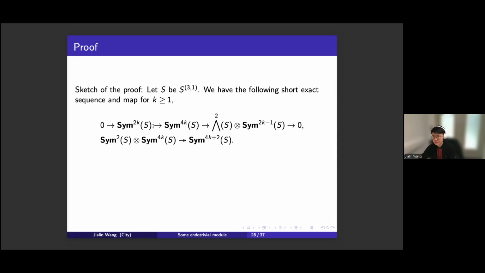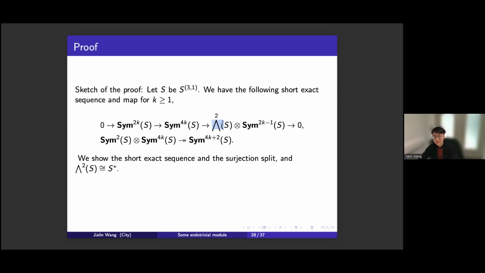There is a short exact sequence from the 2kth symmetric power to the 4kth symmetric power to the second exterior power of S times the (2k minus 1)th symmetric power of S. And there is also a surjection from the second symmetric power of S times the 4kth symmetric power of S to the (4k plus 2)th symmetric power of S. In fact, we show the first short exact sequence splits, and the second surjection also splits.